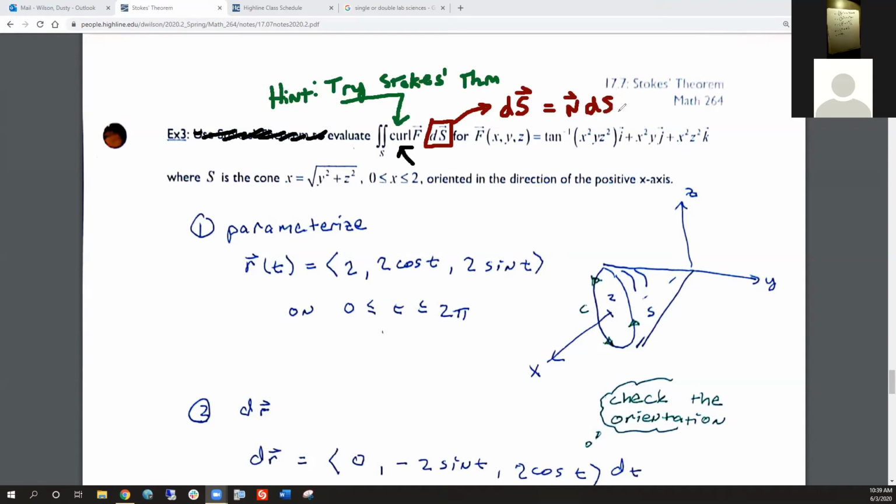So you might say, well, that's great, I don't remember what the S is for. I don't blame you if that's your situation. This S here is telling us that we're talking about a differential, like a small patch. It's the differential surface element.